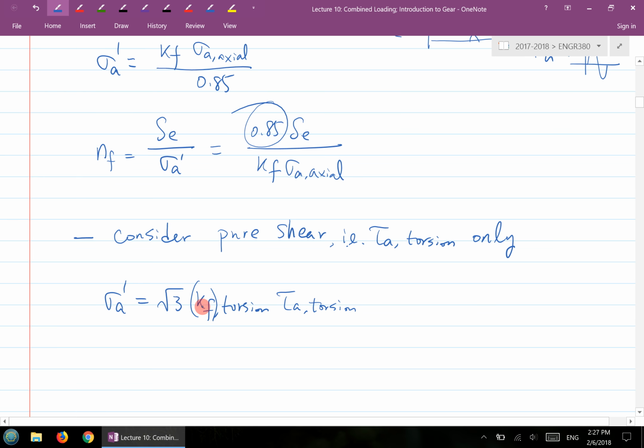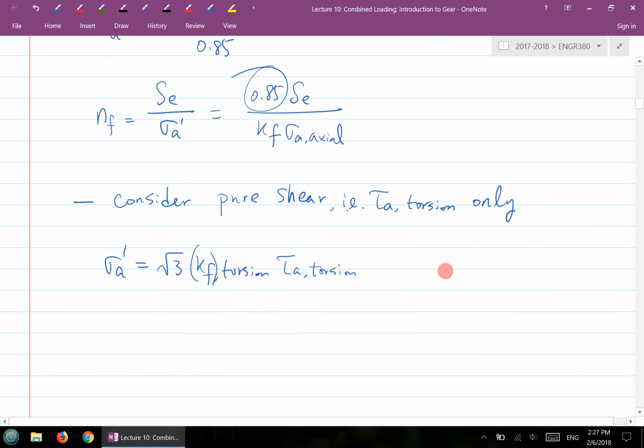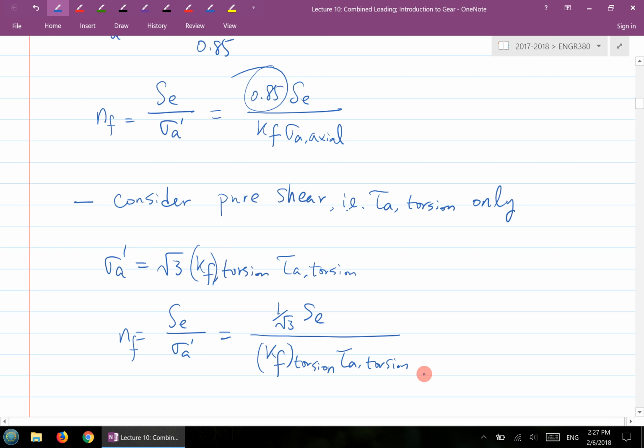So your safety factor Nf will become Se over sigma A prime, which is 1 over √3 times Se, then divided by Kf torsion and tau A torsion. Right, so this is the formula for calculating safety factor here, right?